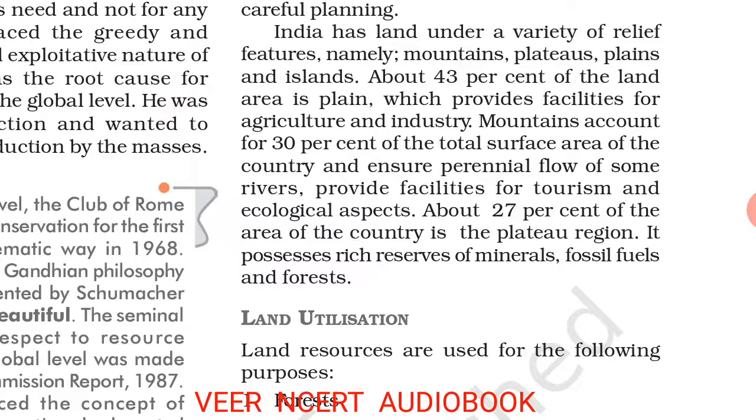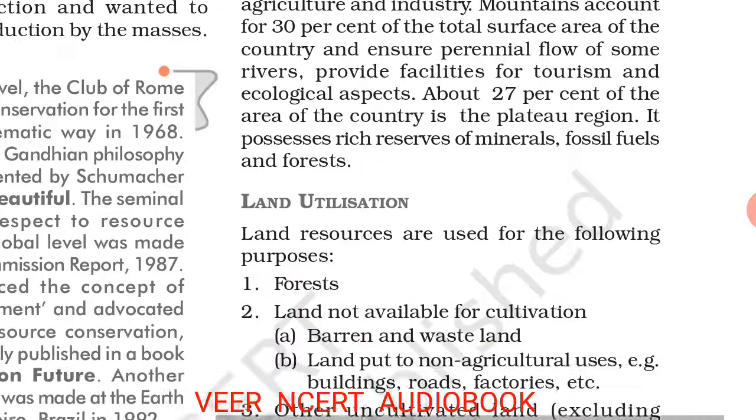Mountains account for 30% of the total surface area of the country and ensure perennial flow of some rivers, provide facilities for tourism and ecological aspects. About 27% of the area of the country is the plateau region. It possesses rich reserves of minerals, fossil fuels, and forests.